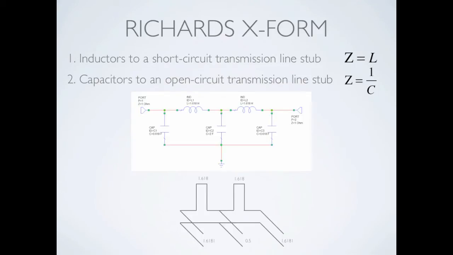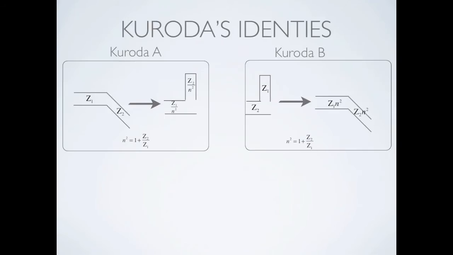It's not ideal to have a short circuit transmission line in our circuit because it will require us to bridge our circuit to ground, which will require us to drill a hole through our microstrip substrate. We will use the Kuroda identities to design an equivalent circuit with only open circuit stubs and regular transmission lines.